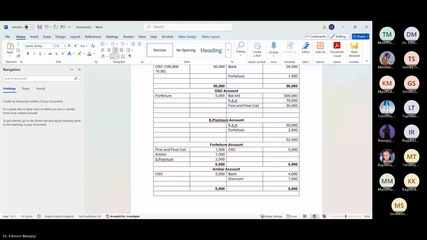Then the balance brought down in the share premium account will be that 52,500. Balance brought down 52,500. Then the total of the debit side of the share premium becomes that 52,500.